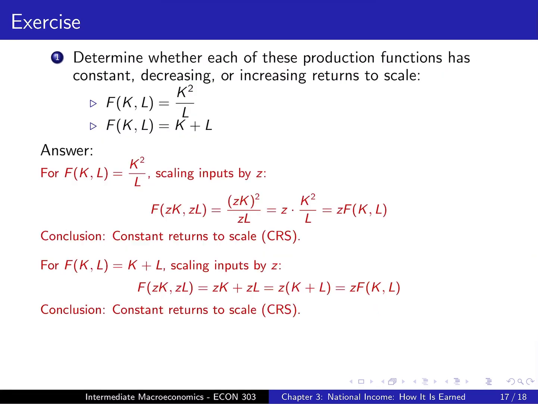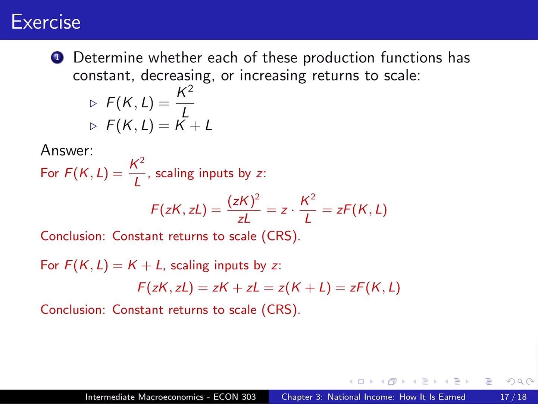Now let's walk through two examples to determine whether a production function exhibits constant, decreasing, or increasing returns to scale. Example 1. Let's start with the function f(K, L) equals K squared over L. To test for returns to scale, we scale both inputs by a factor z.